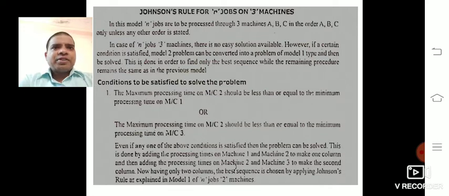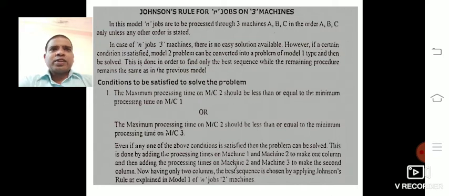The first condition is that the maximum processing time on machine 2 should be less than or equal to the minimum processing time on machine 1, or the maximum processing time on machine 2 should be less than or equal to the minimum processing time on machine 3.